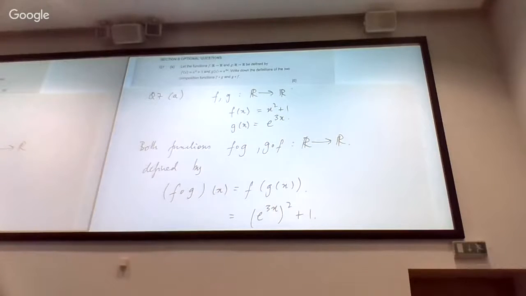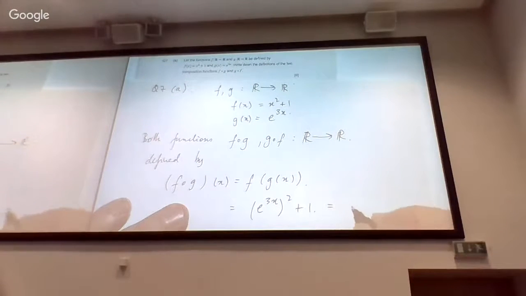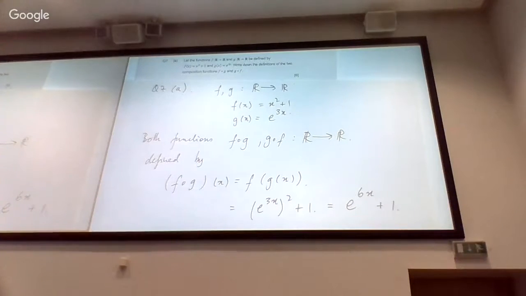Function g of x is e to the 3x. Function f of x is square the argument and add 1. So that's what we do. And we could express that then as e to the 6x plus 1. Make sure you handle exponents correctly. An exponent of an exponent, you multiply the 2. Remember your rules of indices.